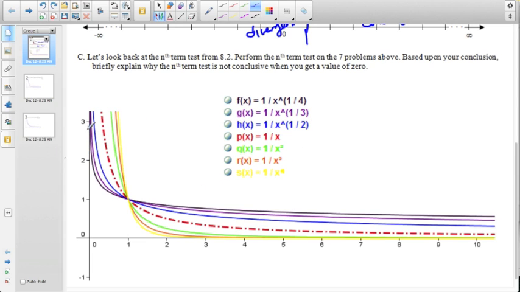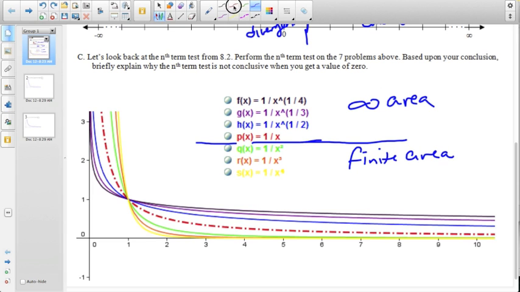We start out with 1 over x to the 1/4 power, which is this dark purple line. Pinching off is not that severe. We ended up with 1 over x to the 4th, which is the yellow curve, and that's a very severe pinching off against the x-axis. So we went from infinite area to finite area.